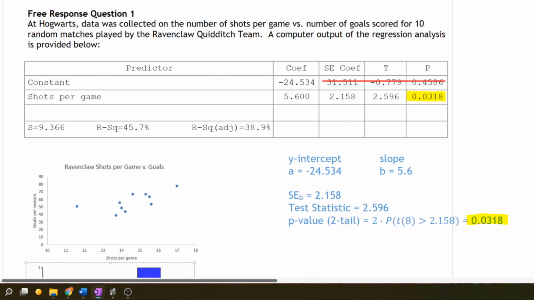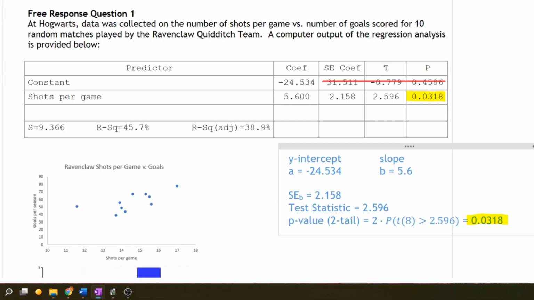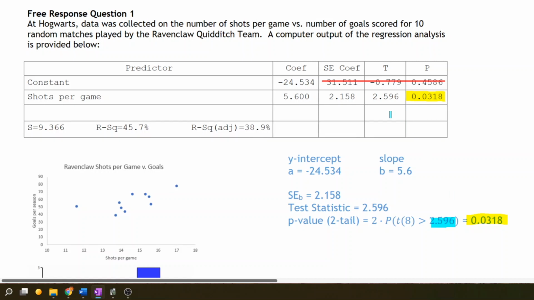The test statistic is 2.596. The next number in that chart is 0.0318, and that number is the p-value, but it is a specific p-value. It's a p-value for a two-tailed test. So what this means is that 2 times the probability that T with 8 degrees of freedom is greater than 2.596, that's our test statistic, is going to be equal to 0.0318.